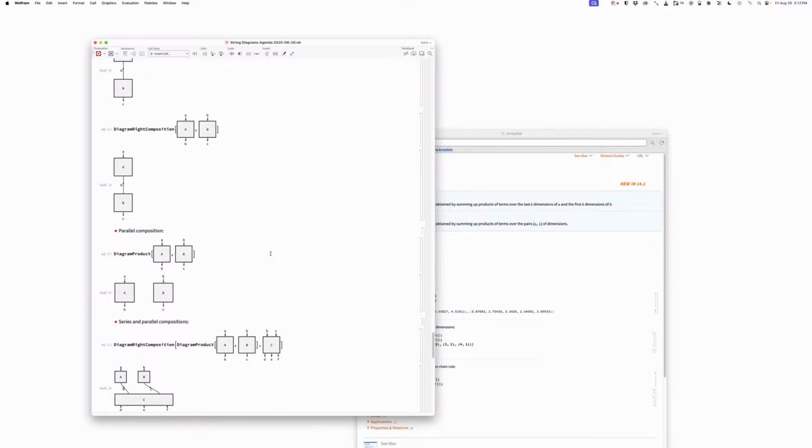So parallel composition. So this is like the whole monoidal category craziness. By the way, I assume these diagrams can also be used for category theory. Is that true? Sure, yes.